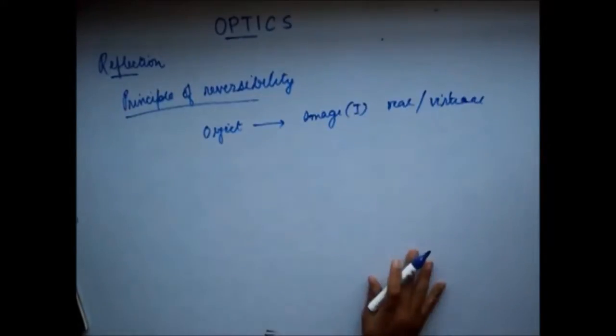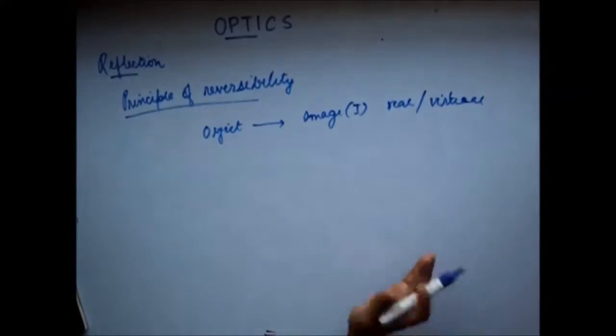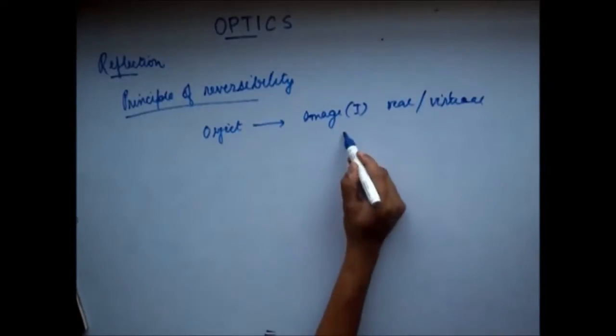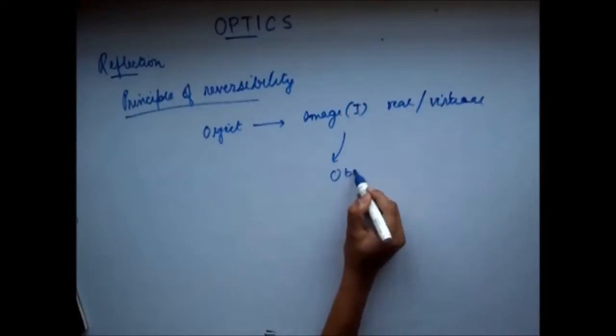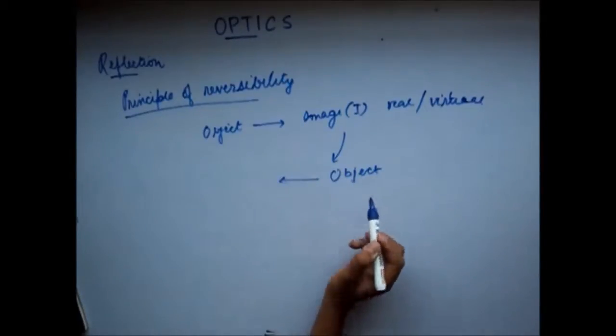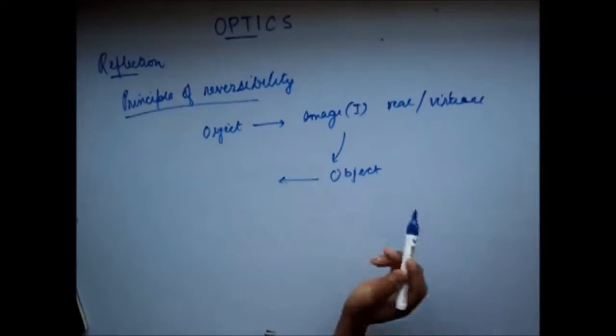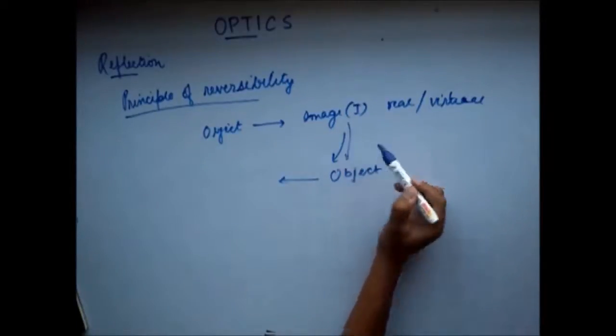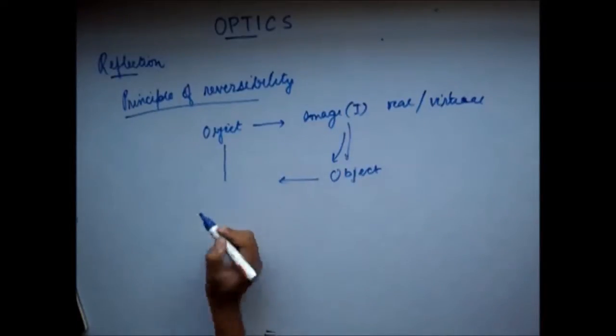Now this principle says that if I see it backwards, that means if my image becomes the object, then the location of the image, considering this image as the object, will be the same as the location of this object.